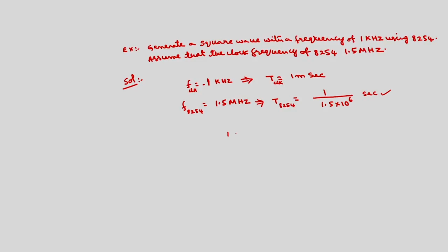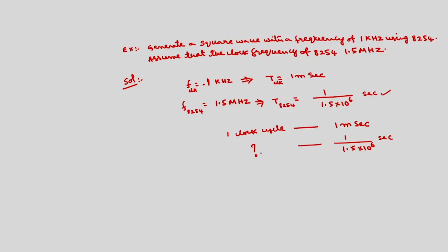one clock cycle of the clock is equivalent to 1 millisecond. Then what is the duration that we want? We want a duration of 1 by 1.5 into 10 raised to the power of 6 seconds. For this, how many clocks do we require? That is the n value.